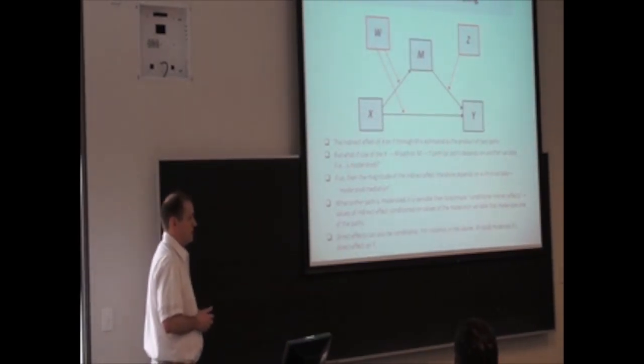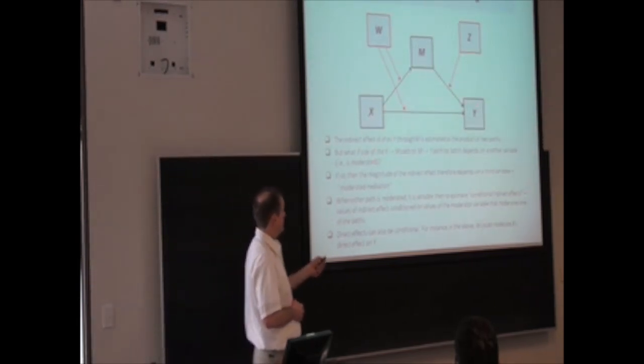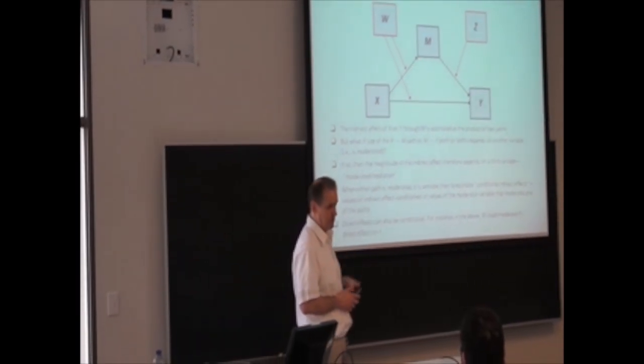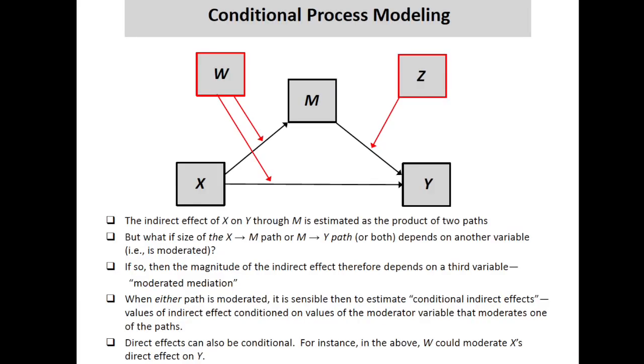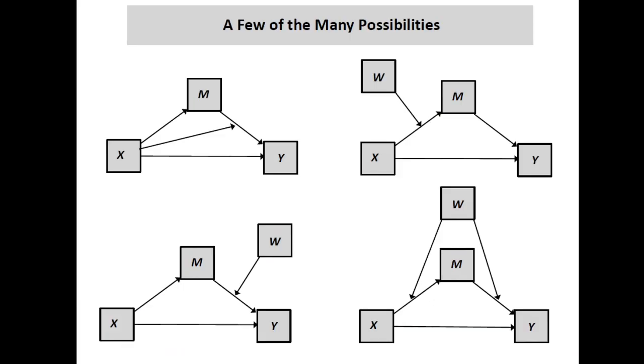Direct effects could also be conditional. You could have a situation in which the effect of x on y independent of m is itself moderated. Here are some of the possibilities. And this is just a very, very small sampling of the possibilities. You can imagine this is just with a very simple mediation component, a simple triangle with one variable.